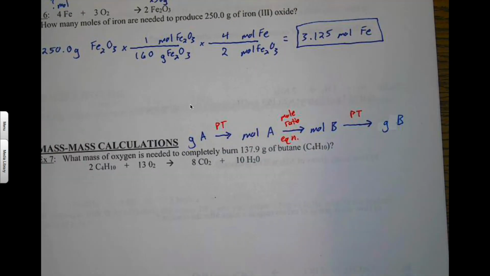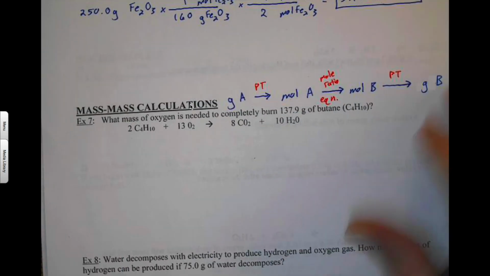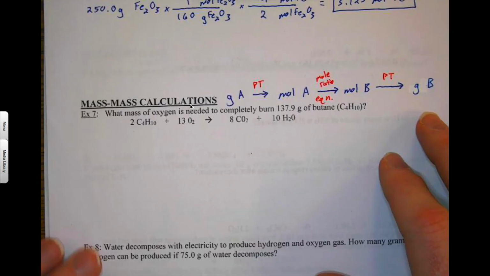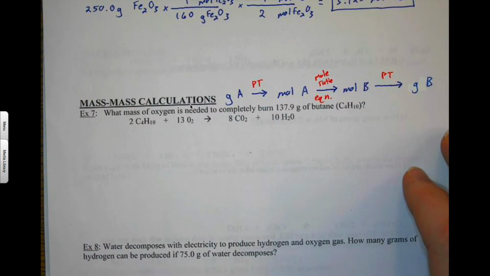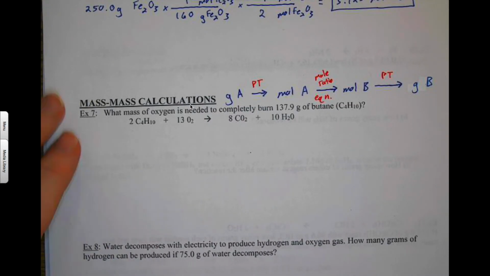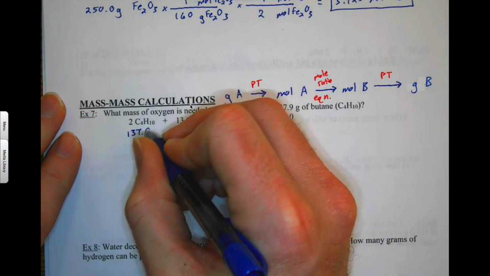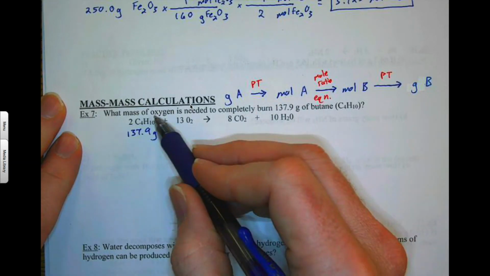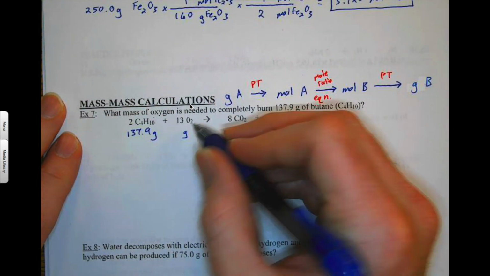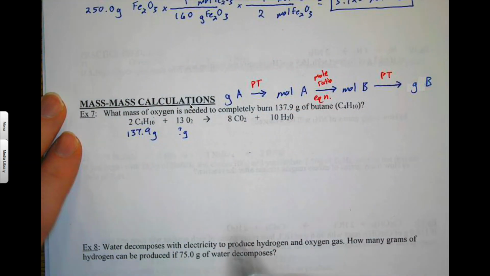Okay. Now, all right. So what mass of oxygen is needed to completely burn 137.9 grams of butane, C4H10? So here's your butane, you have 137.9 grams. We want to know the mass of oxygen. What mass of oxygen is needed?